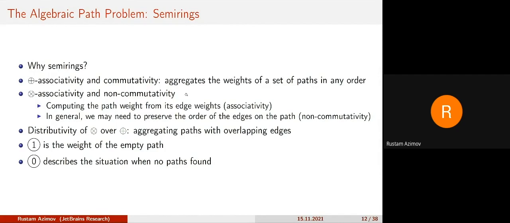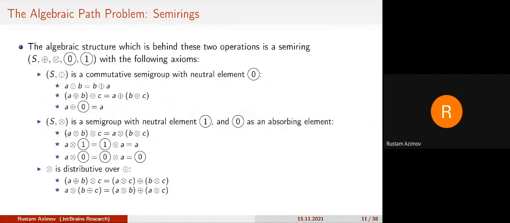So first, let's talk about associativity. When we have the arcs on one path, it doesn't matter in which order we compute these multiplications from left to right, and the resulting weight of the path must be the same in almost all path problems.